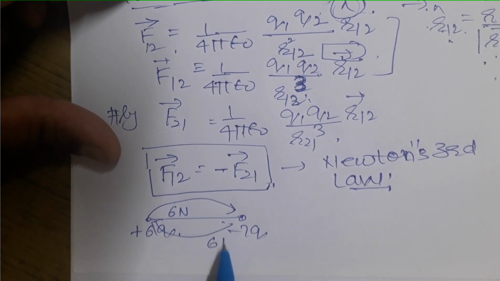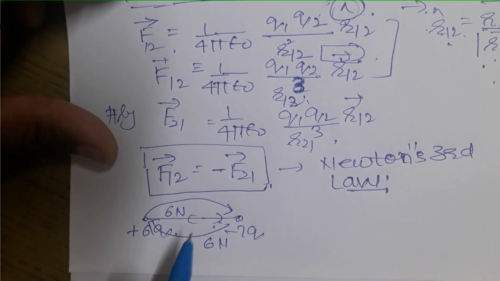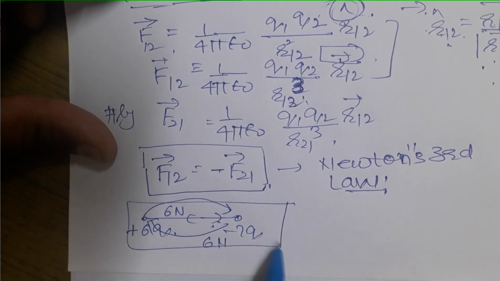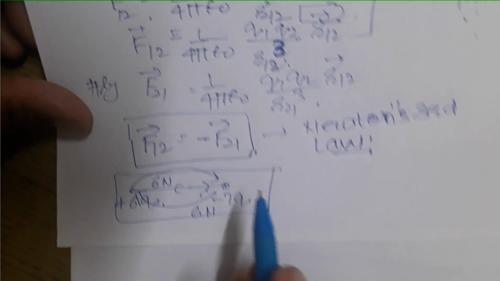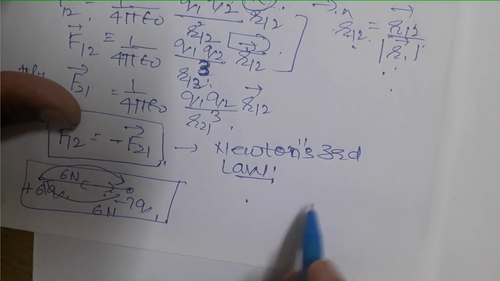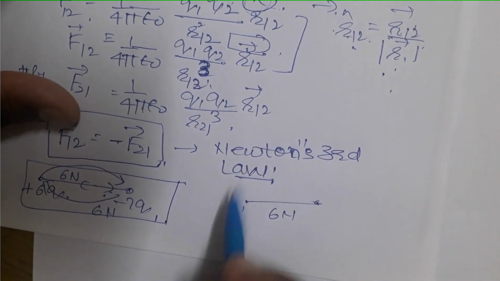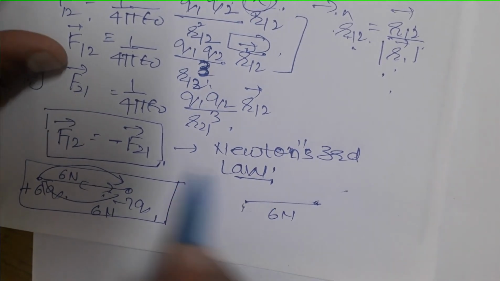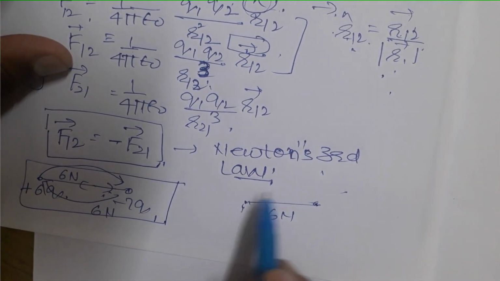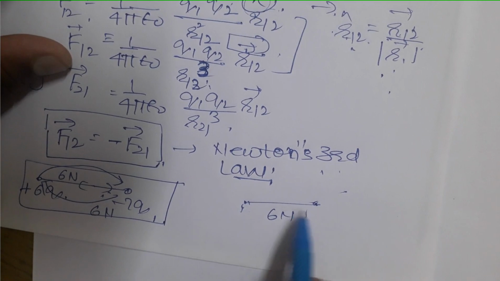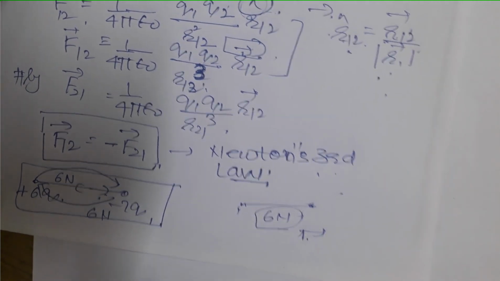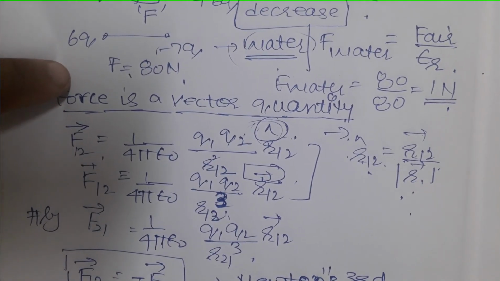Coulomb's law obeys Newton's third law. What is this? That if this charge attracts this charge with the force of 6 Newton, then this charge will also attract this charge with 6 Newton, but the direction is opposite. This concept I will use in solving the numericals.